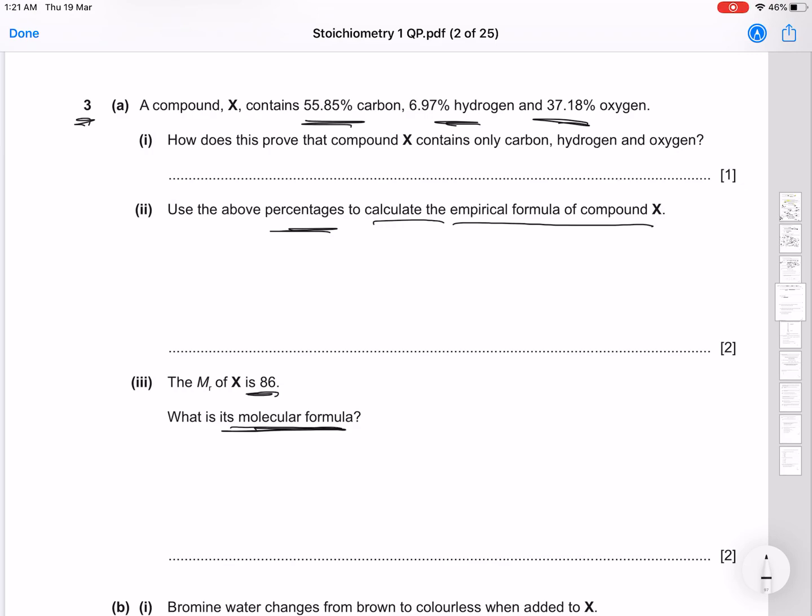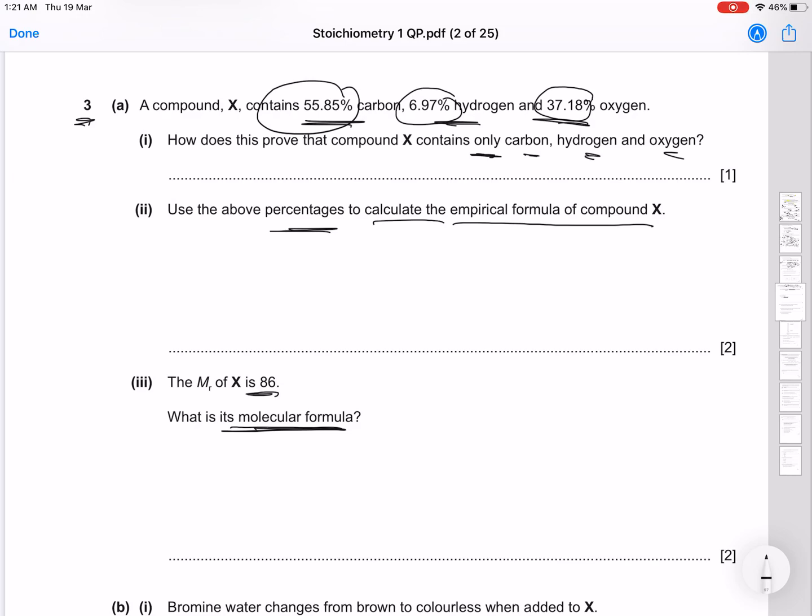How does this prove that compound X contains only carbon, hydrogen, oxygen? Simply, if those 3 percentages make up 100, then this compound only contains carbon, hydrogen, and oxygen. But what if I add up those percentages and I find out that they do not add up to 100?